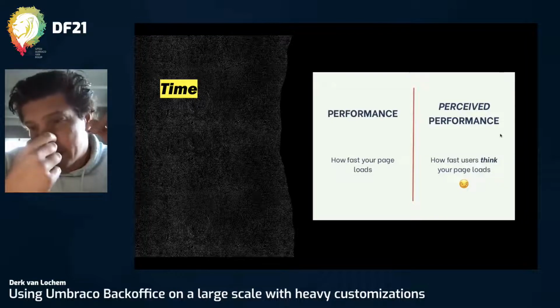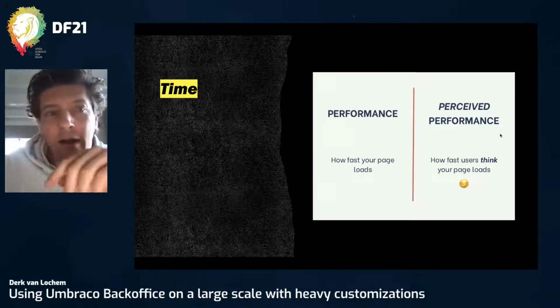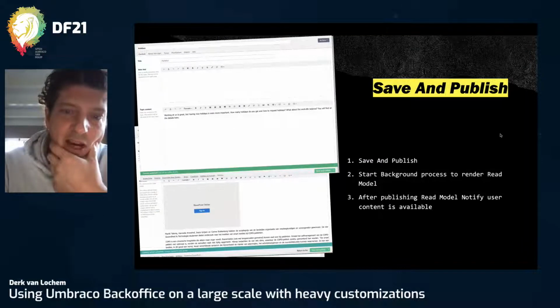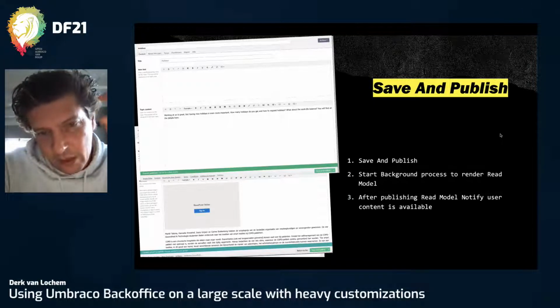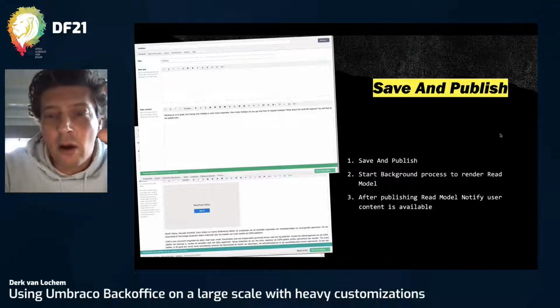When you hit save and publish, we added some extra time in there. What we actually did was, when you hit save and publish, we start a background process to render the read models. We added some hooks in there, which I will show you.